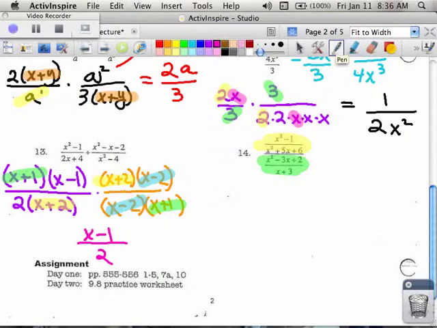If I look at the yellow one first, what ends up happening in the yellow one is that x squared minus 1 on the top is the difference of two squares. So I'm going to rewrite it as x plus 1, x minus 1. This is in the yellow on the top.